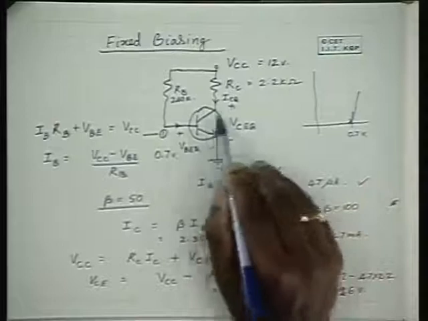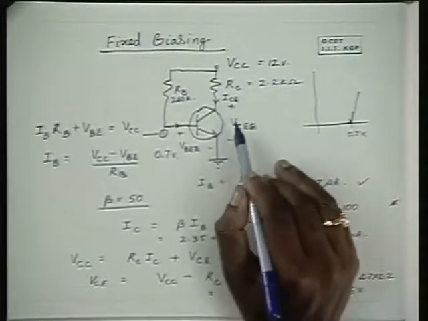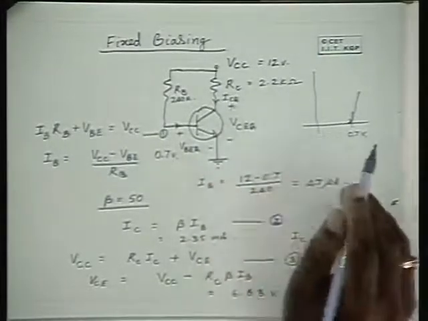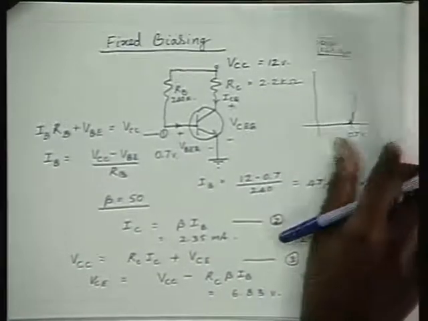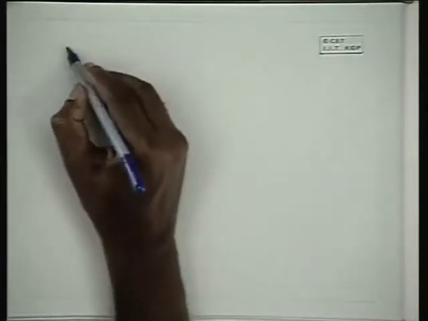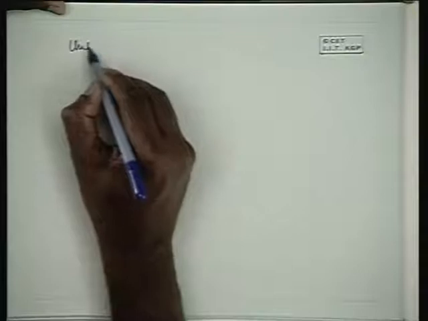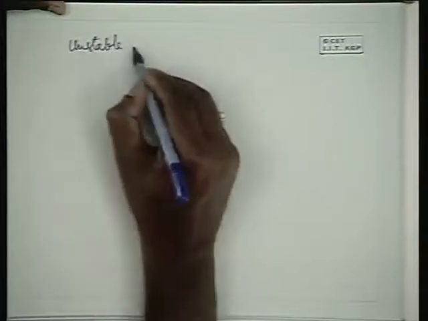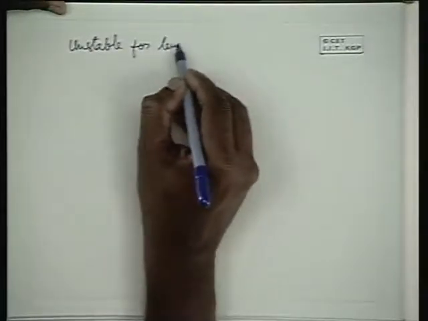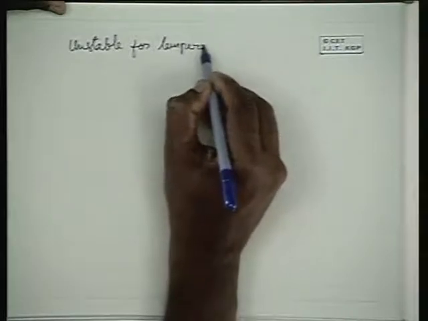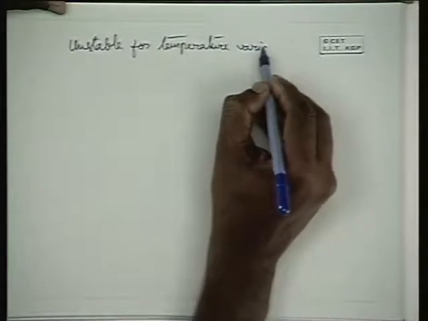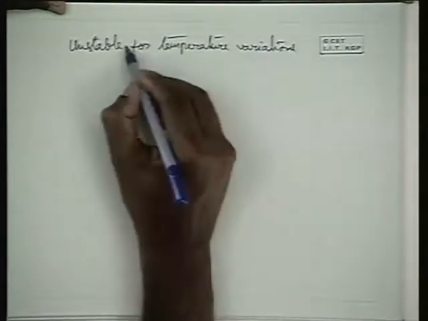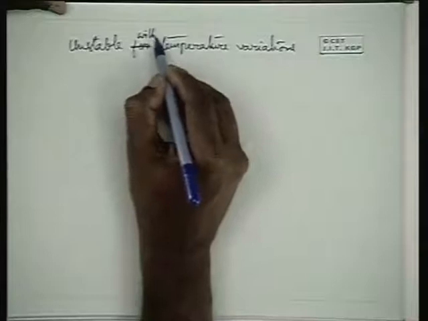So this kind of thing may happen with a fixed biasing circuit. In other words, the fixed biasing circuit is unstable with temperature variations.